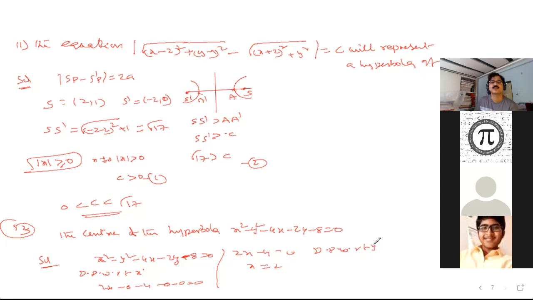With respect to y, you get 0 minus 2y minus 2 equal to 0, so y is equal to minus 1. So 2 comma minus 1 is the answer, sir. Is it okay, sir? Yes.